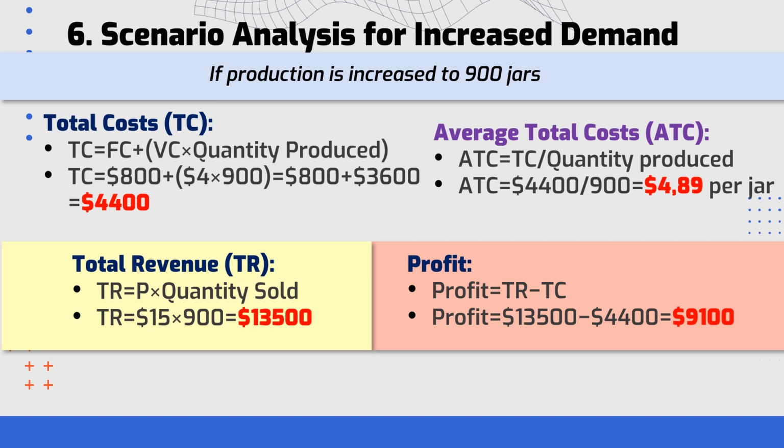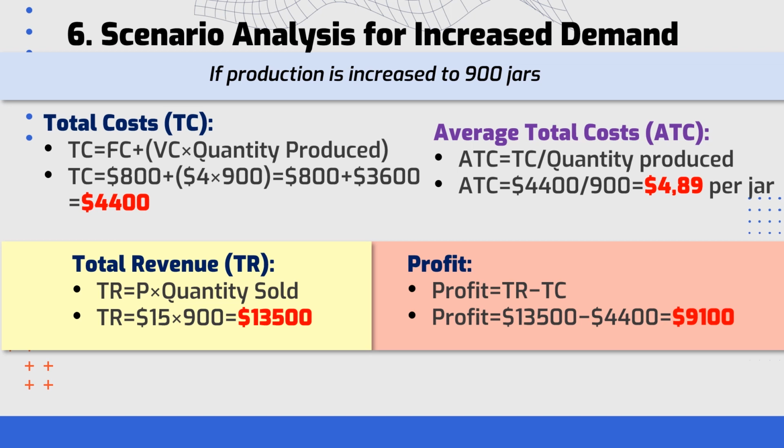Given the new quantity, we have a new total cost of $4,400, and an average total cost of $4.89, since we can spread the total cost over a larger number of units of production. This is called economies of scale.